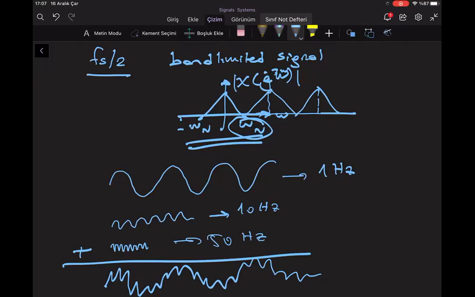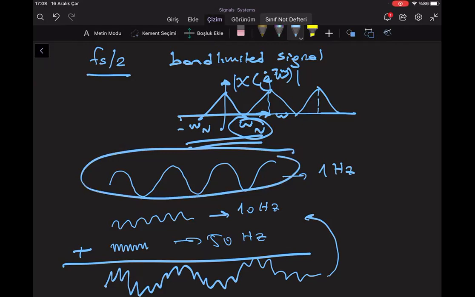You got me, guys? I can add them up and obtain this, or if I analyze this and see what kind of frequency components I have in the signal, I will see I have this frequency component, 1 Hertz, I have this component, which is a little smaller in terms of amplitude, in terms of contribution. And I have a smaller amplitude but higher frequency component. And this will constitute, oluşturmak, my original signal.